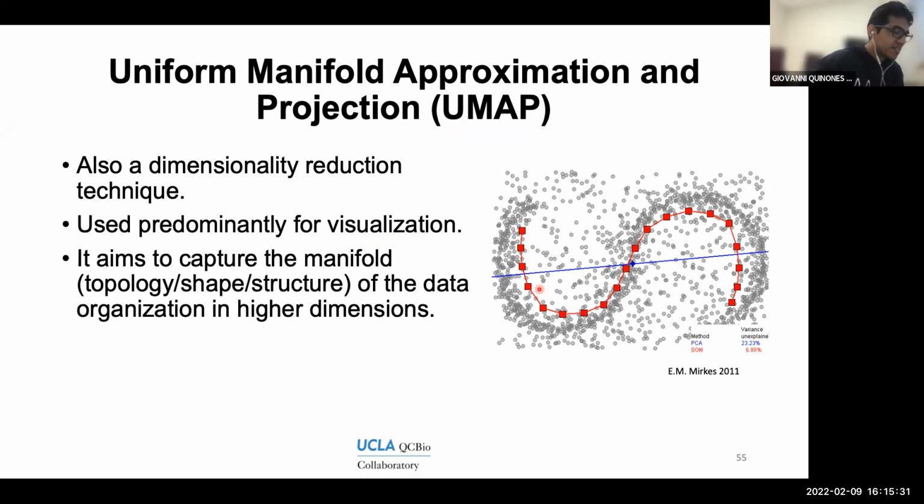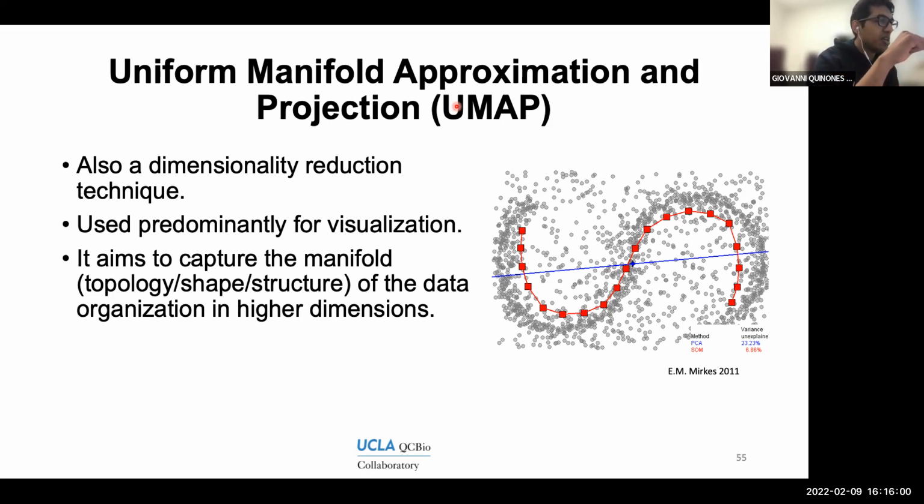And another difference between UMAP and PCA is that UMAP is a little more sophisticated. If you remember, PCA is trying to find the axis by which the variance of your data points is maximized. And UMAP is doing that as well, but with an additional step that is trying to learn the topology of your data set.